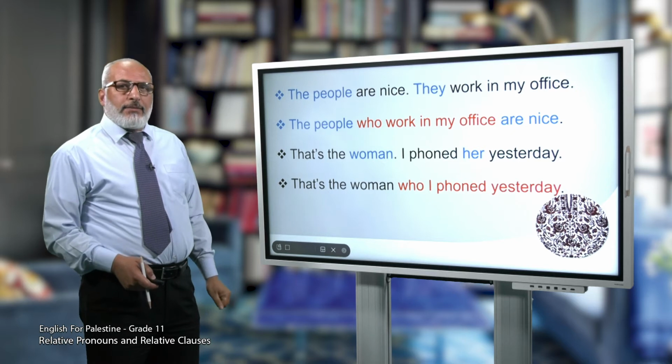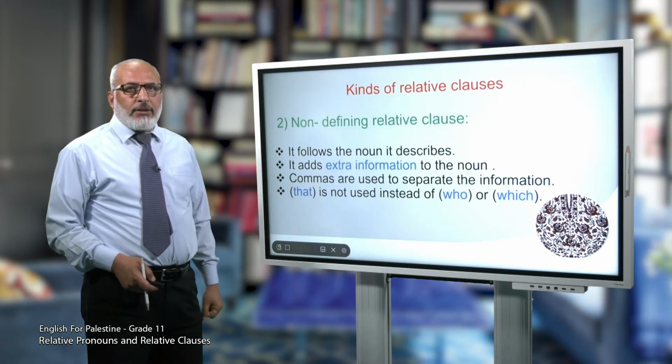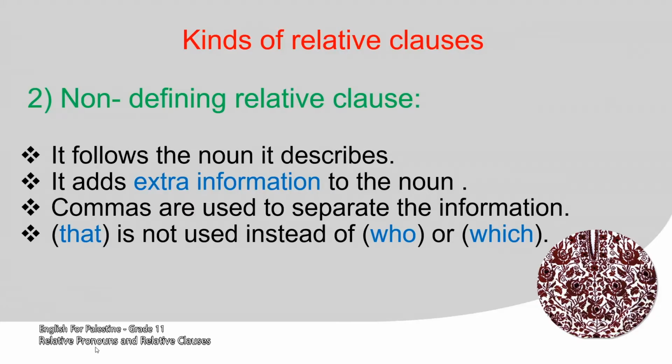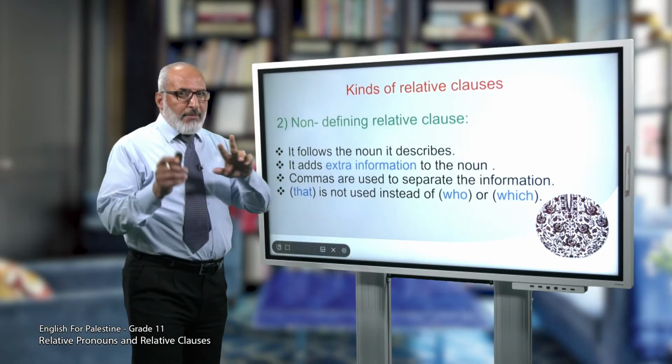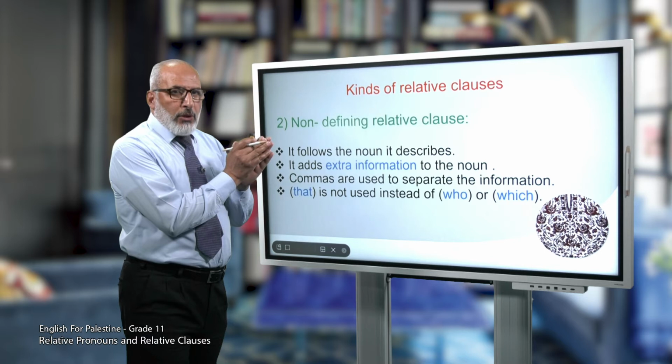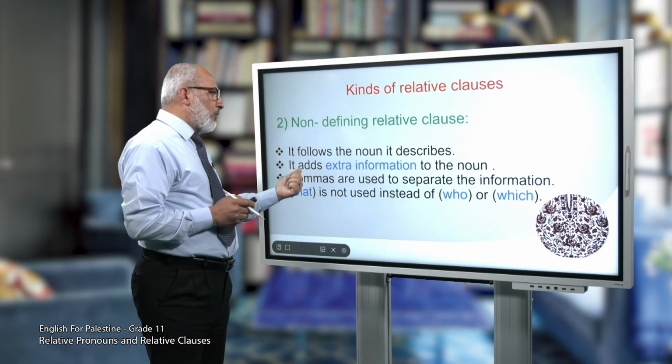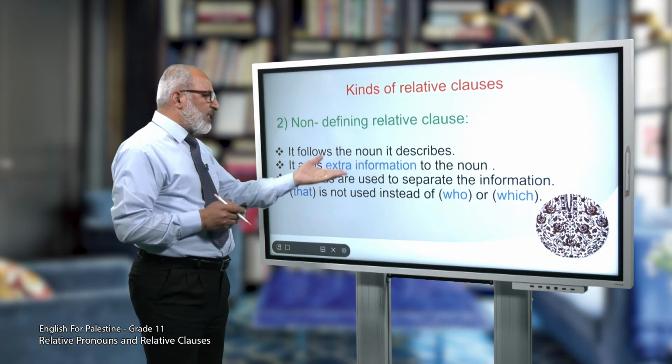Okay, now let's move to the second kind or type of relative clauses. It is non-defining relative clause. Non-defining relative clause follows the noun it describes, the same as defining relative clause. It adds extra information to the noun. Do you remember? Defining relative clause adds important information, but non-defining relative clause adds extra information.